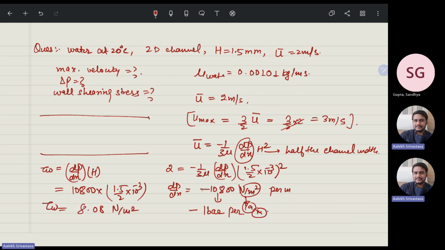This is the tau wall. Okay, this is what is happening. This is wall shearing stress. We can also solve from the mu, but because we have a velocity profile, this is just wall shearing stress.